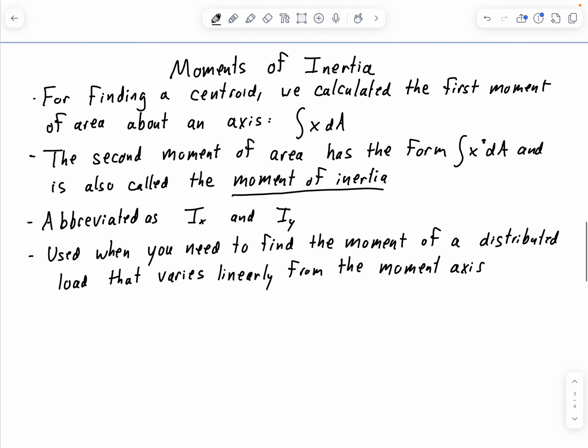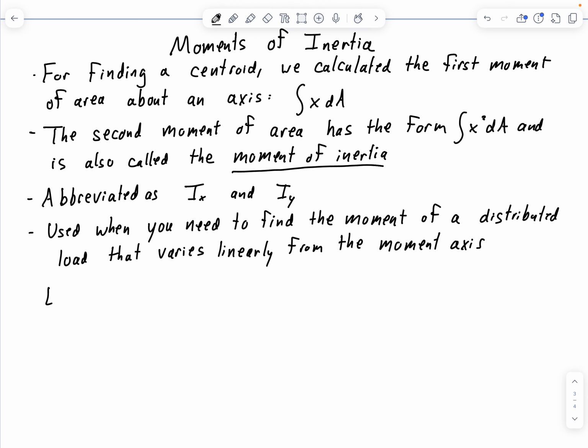So in fluid mechanics, we often see this exact situation when we have pressure on the wall of a tank, for example.